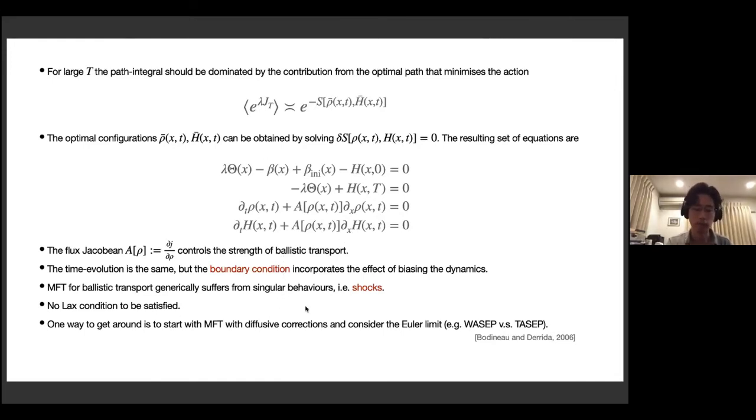So it's hard to analyze. One way to get around it, though, is to start with MFT with the diffusive corrections and consider some limit. For example, this was done in the case of TASEP and WASEP. WASEP stands for the weakly asymmetric simple exclusion process, and if you take a totally asymmetric limit of it, you get the totally asymmetric simple exclusion process.